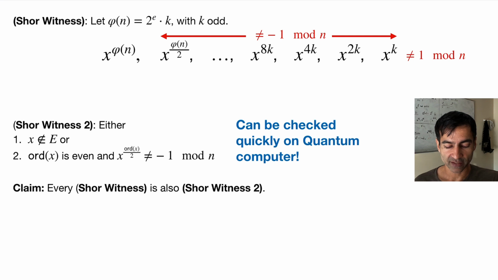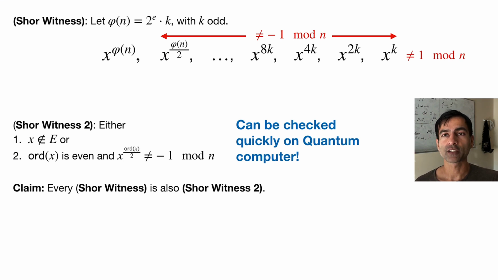We'll say x is a witness of type 2 if either x is not in E, or if x is in E, if the order of x is even and x to the power order of x over 2 is not equal to minus 1. In other words, this number is an interesting square root of 1.